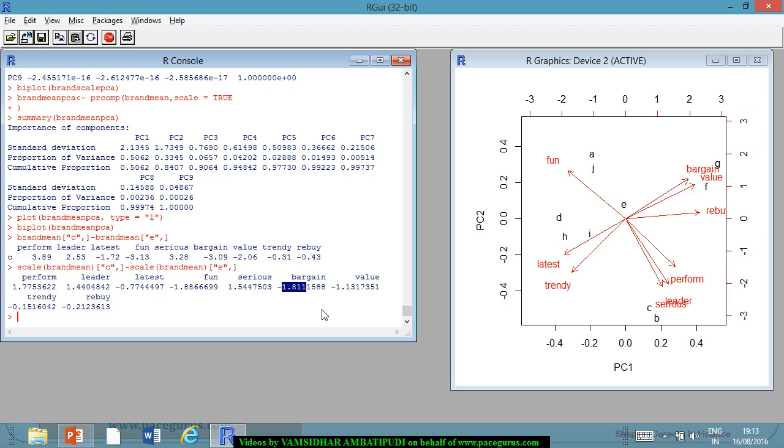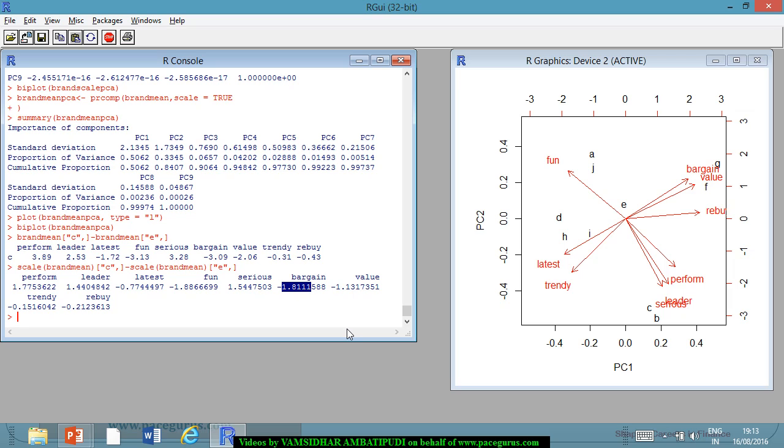So you could see in some cases where E is stronger, right? E is stronger than C with respect to fun, or with respect to value, or with respect to bargain.